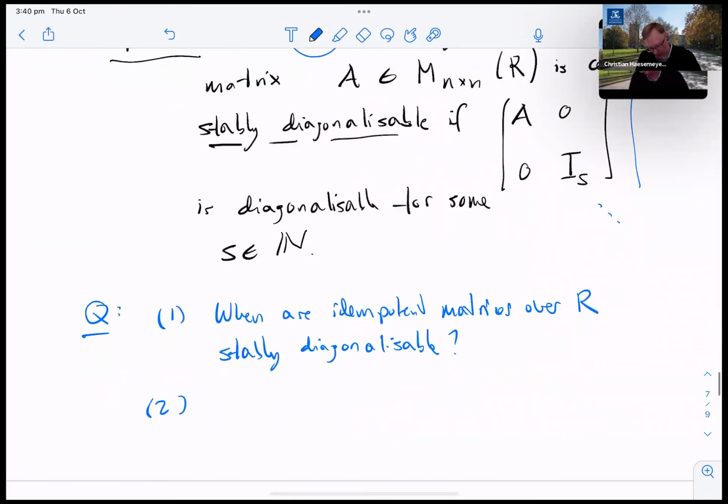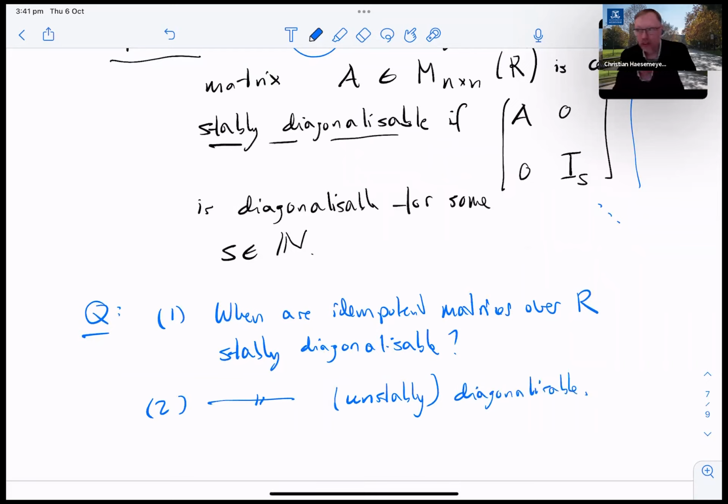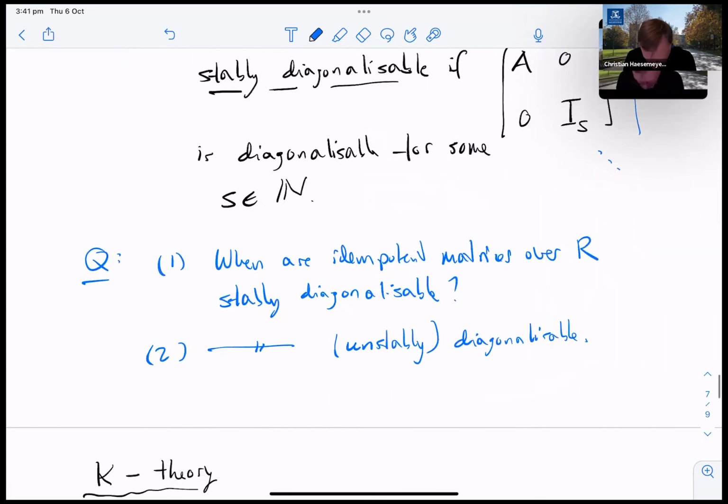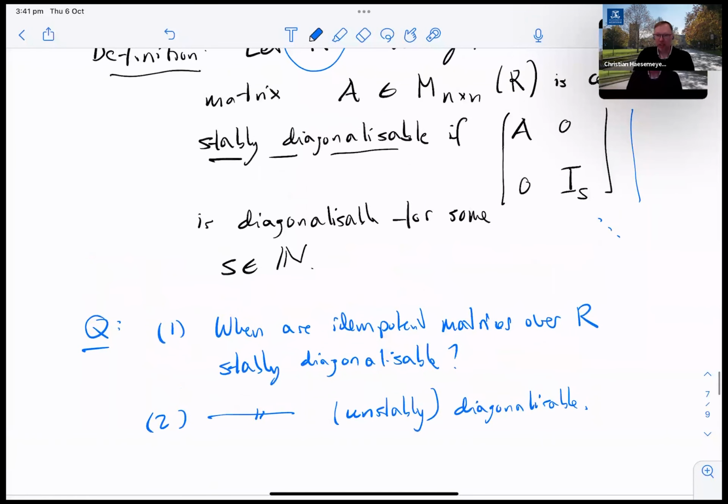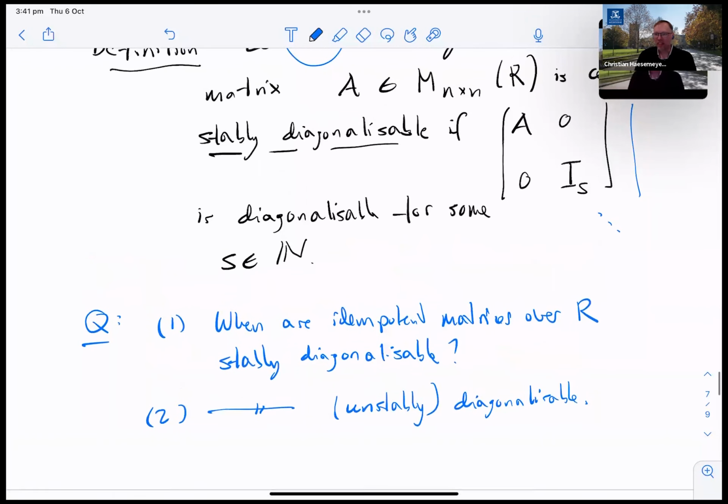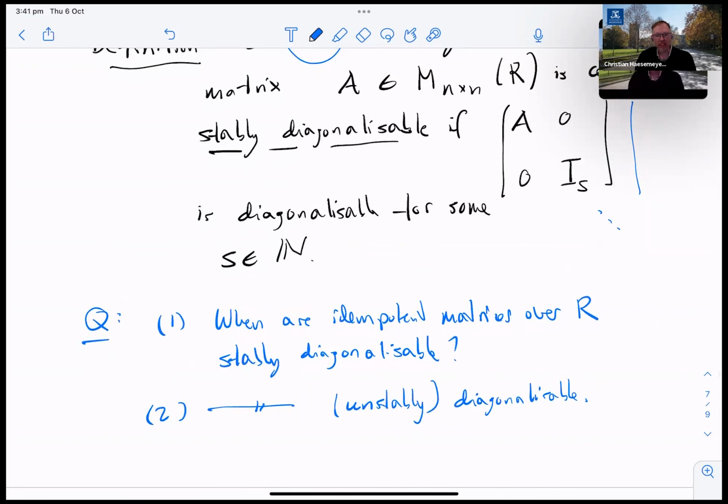And the second question is, when are they unstably? So really just without adding anything, diagonalizable. Right. Any questions at this point? Sorry, I should have asked earlier.